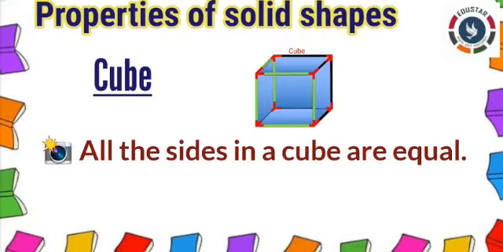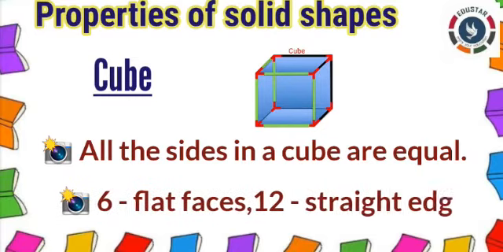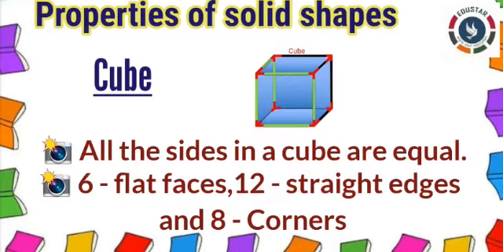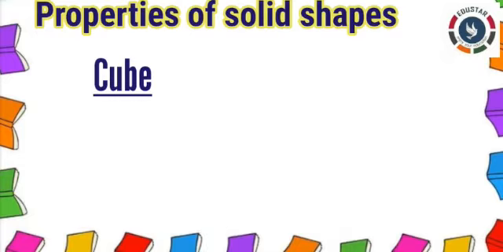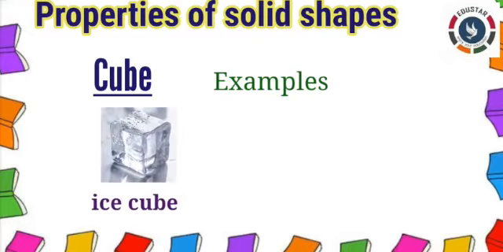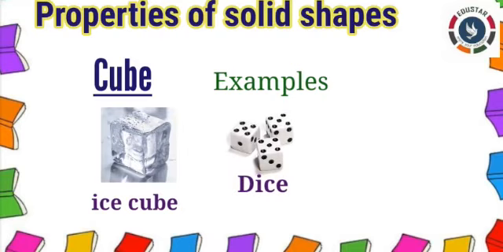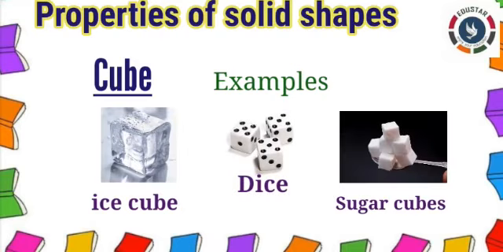A cube has 6 flat faces, 12 straight edges and 8 corners. Everyday life examples of cube are ice cubes, dice, sugar cubes and so on.